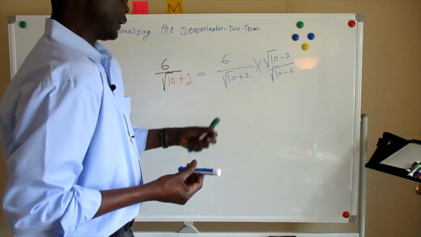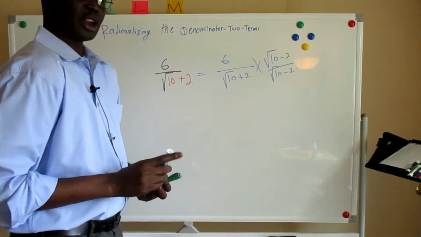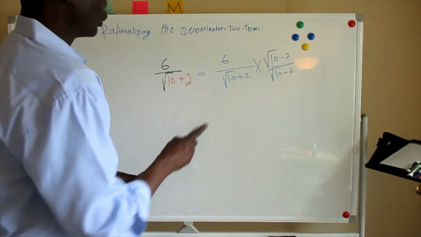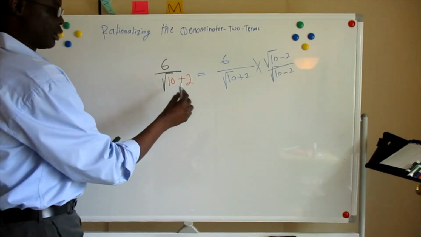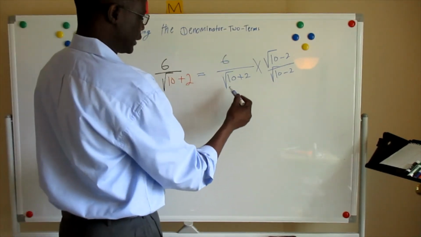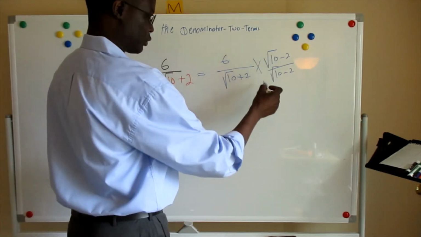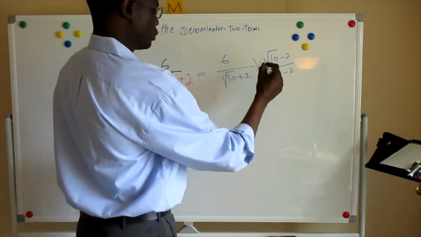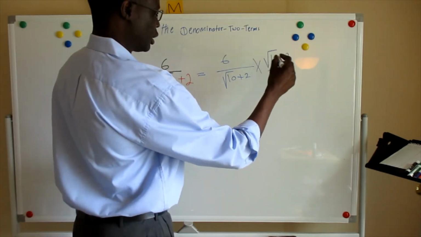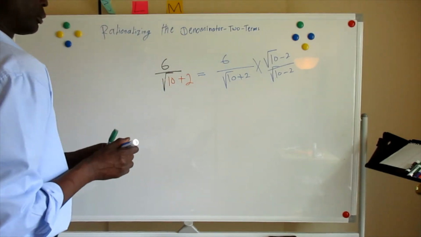What we're using here is the difference of squares, and we call it a conjugate because you have root 10 plus 2 times root 10 minus 2, divided by root 10 minus 2.